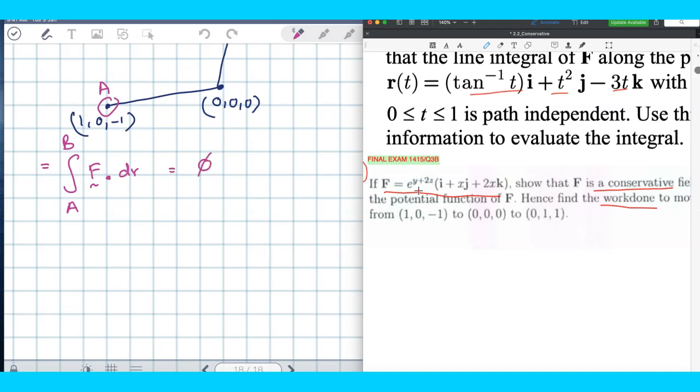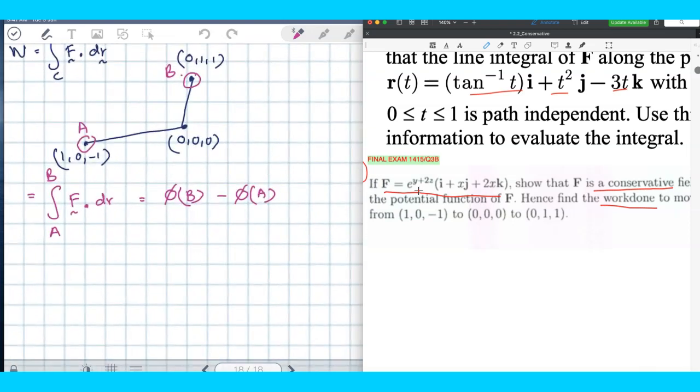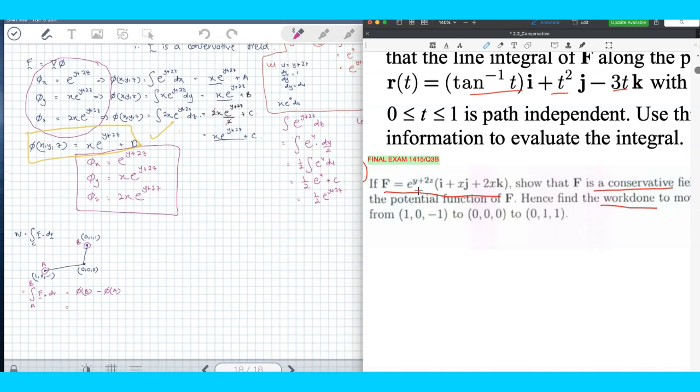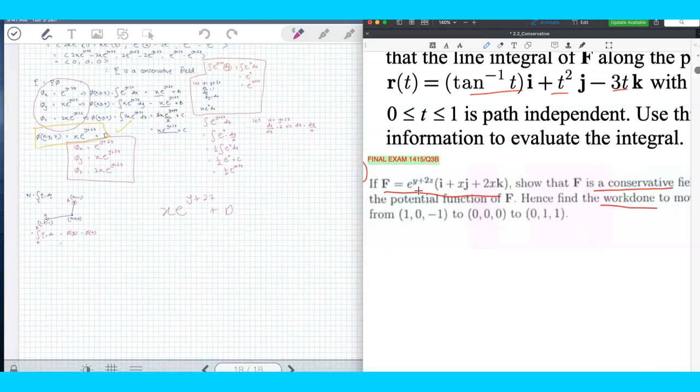What you have to do is replace point B minus replace point A into your scalar potential function. So what is your phi? Your phi just now is x e^(y+2z) plus D. That is your scalar potential function.